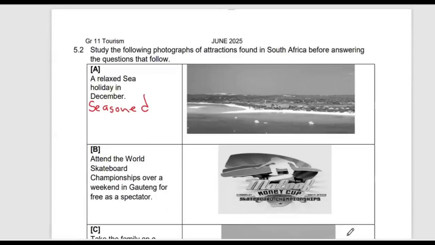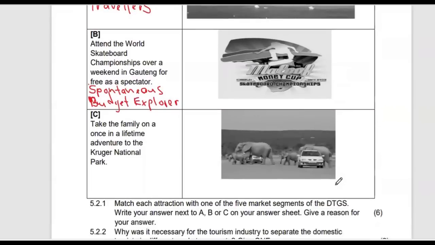Then this one can be for the spontaneous budget explorer.